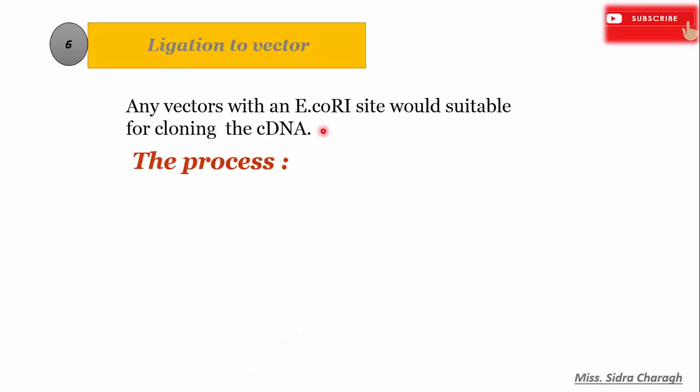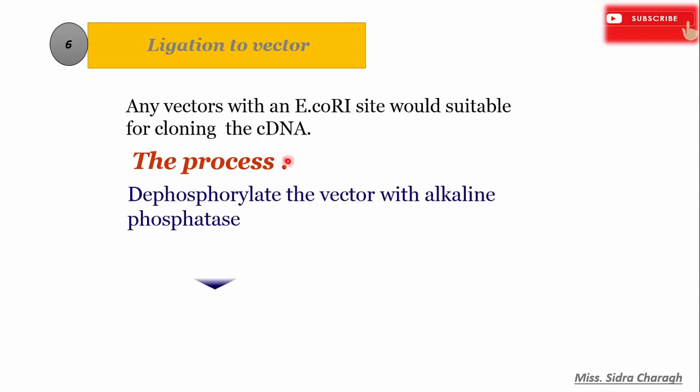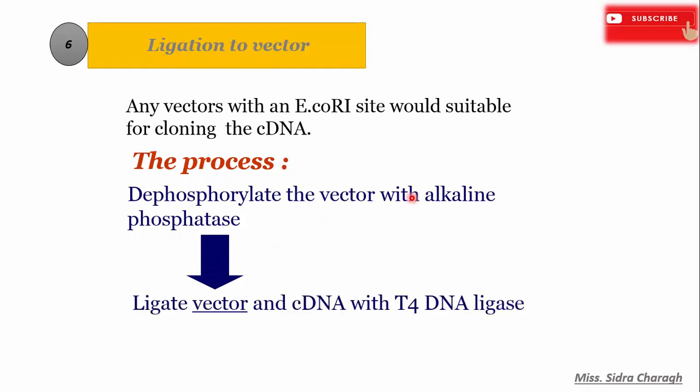Any vector with an EcoR1 site would be suitable for cloning the cDNA. The process involves dephosphorylation of the vector with alkaline phosphatase enzyme and then ligation of vector and cDNA by T4 DNA ligase. Here the vector can be a plasmid or bacteriophage vector depending on the size of our insert.